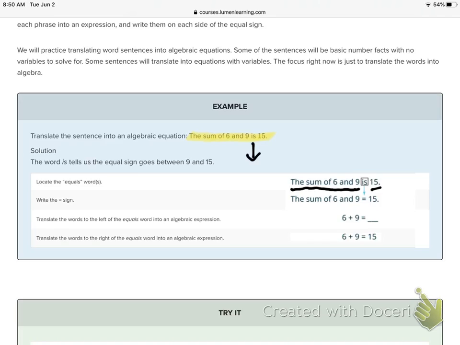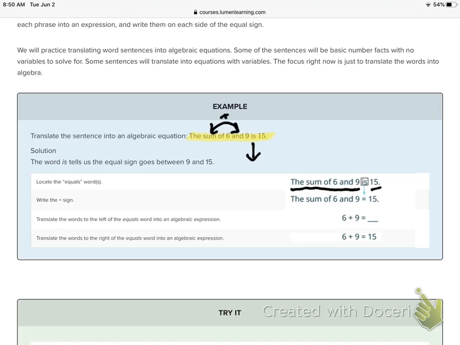Then we have to figure out the word sum, and that means addition. So with sum meaning addition, we know that we're going to be adding 6 and 9 to equal something, which we already know is 15. So that's exactly how you would go about doing this problem.